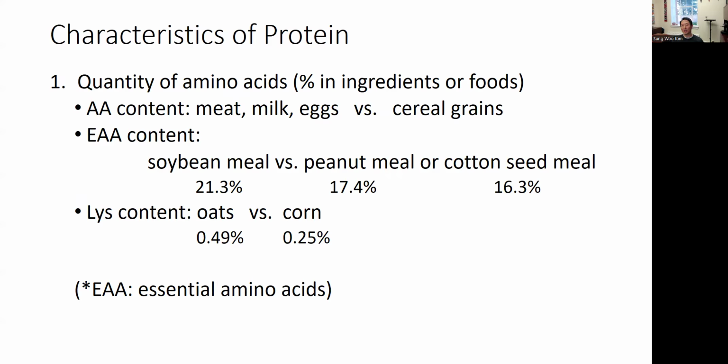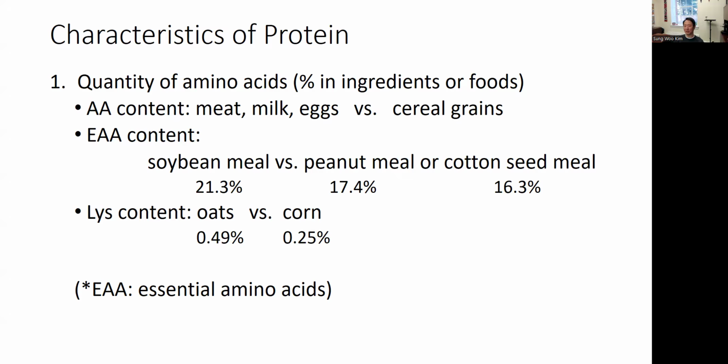First, the quantity of amino acid depending on the source of protein, right? So we are talking about the percent of amino acid in the feed or foodstuff or feedstuff. Depending on source, amino acid contents are largely different.